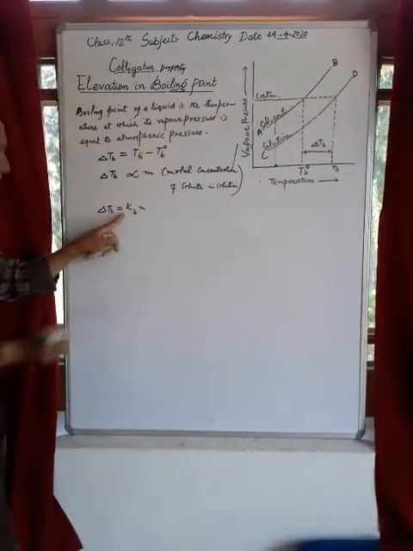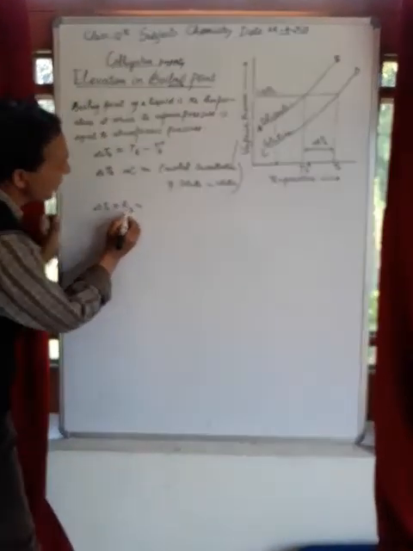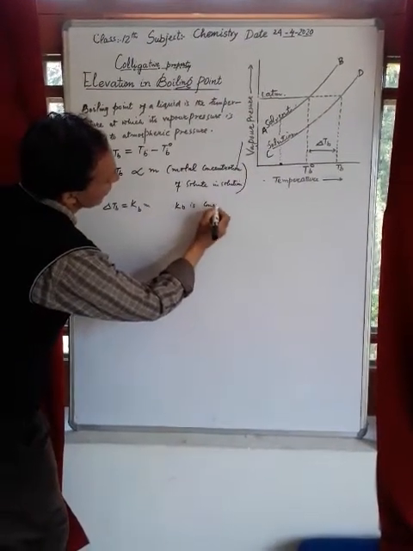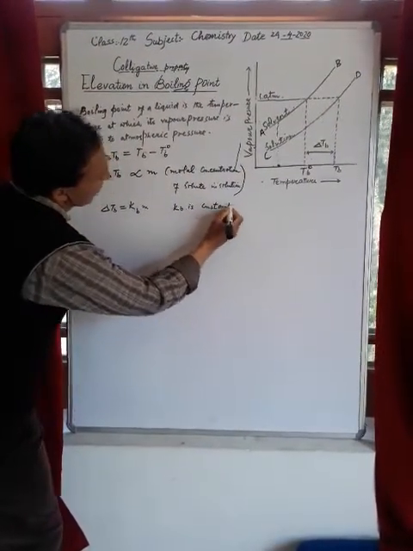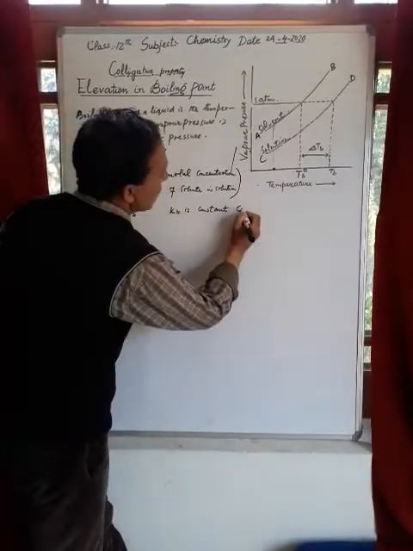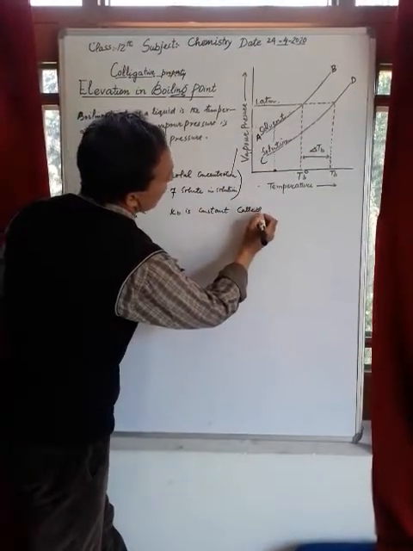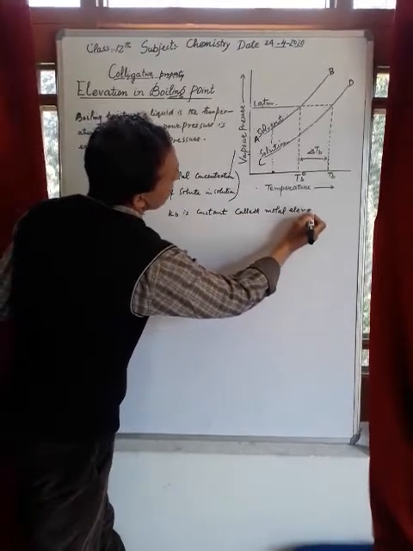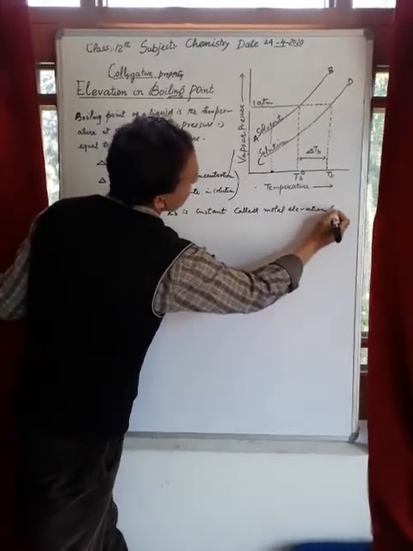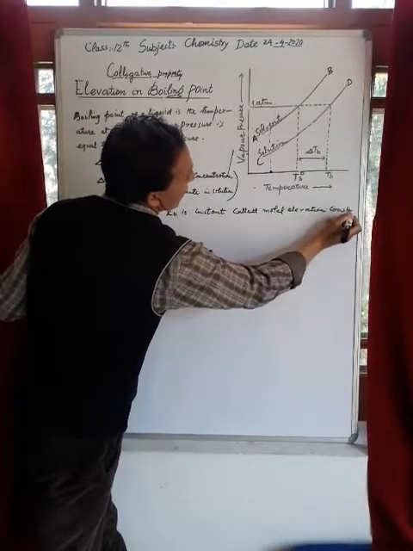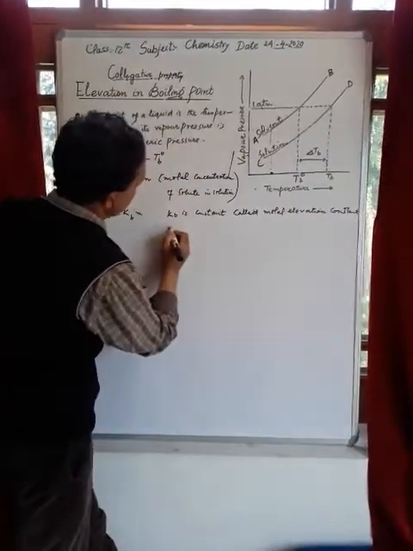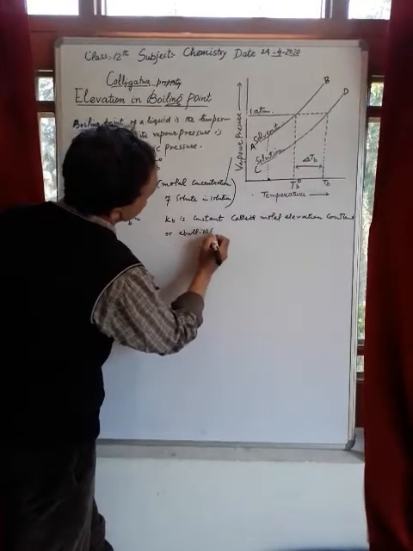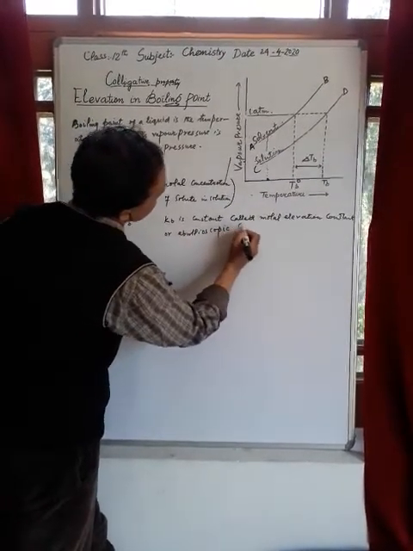What is Kb? Kb is the constant called molal elevation constant or ebullioscopic constant.